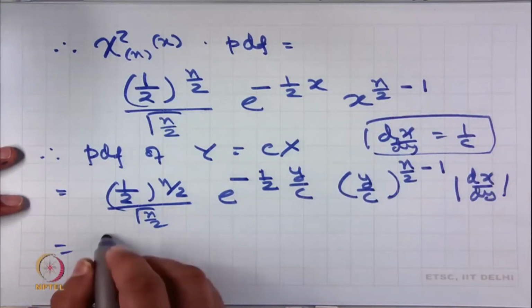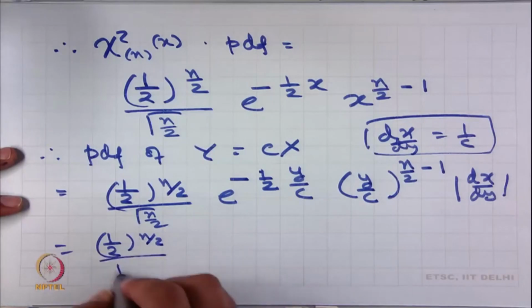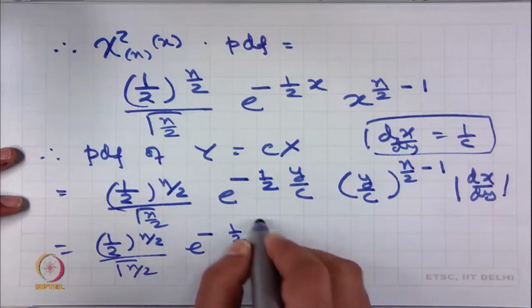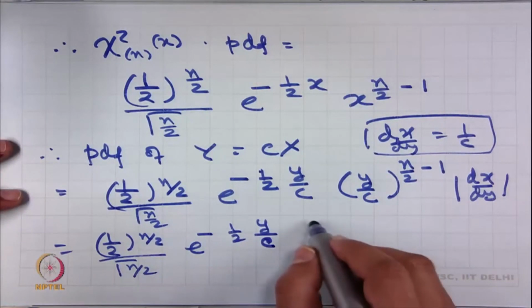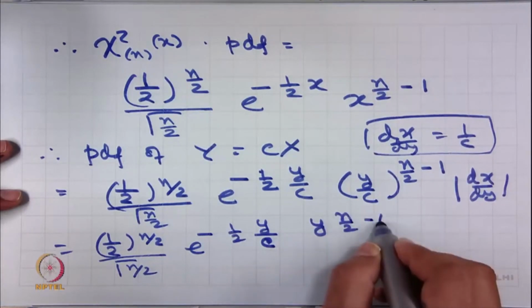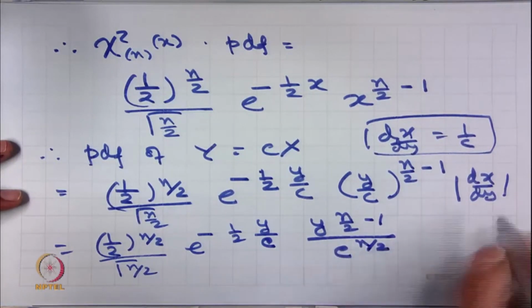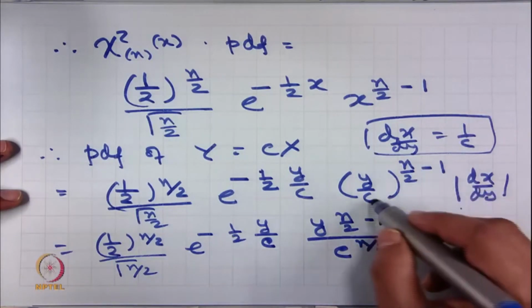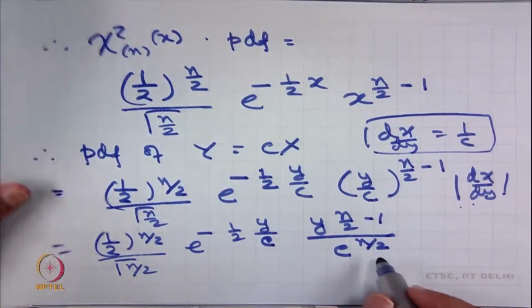Therefore, this is equal to half to the power n by 2 upon gamma n by 2, e to the power minus half y by c, y to the power n by 2 minus 1 upon c to the power n by 2, because this is 1 by c. So, this c and that c together we have c to the power n by 2.